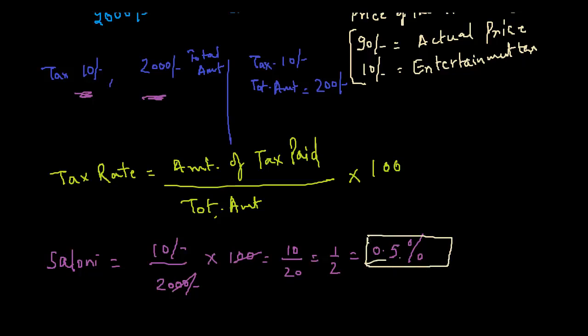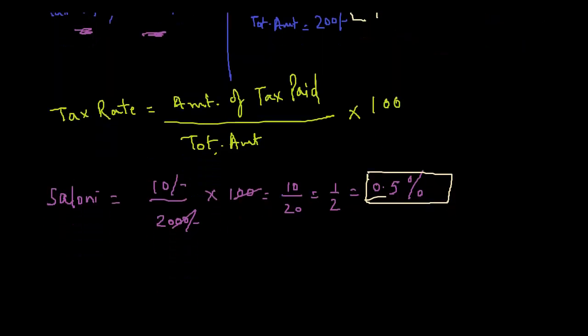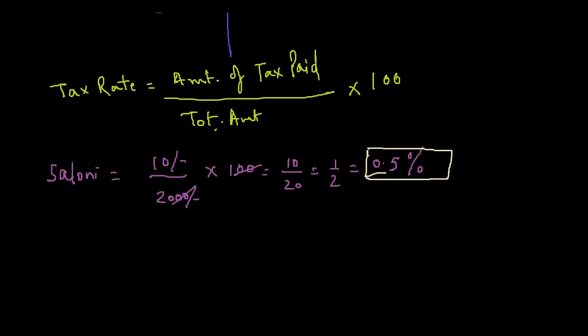Now see the case of Salma. Salma also paid 10 rupees as tax, and she had 200 rupees as the total amount in her pocket. So she paid 10 by 2, equal to 5.